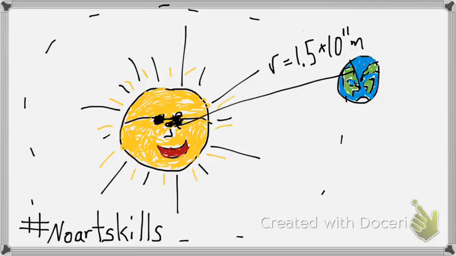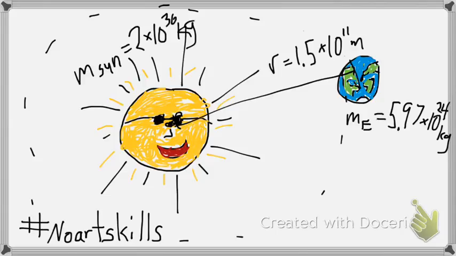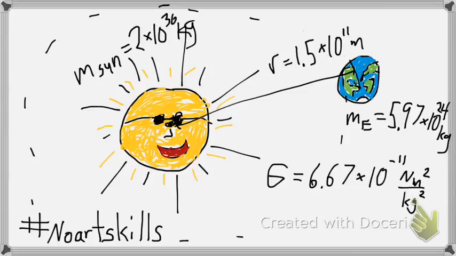I know the mass of the Sun and I know the mass of the Earth. And I also know the value of the universal gravitational constant. So I have all I need to put together the equation for the force of gravity between these two objects. And again, the force of gravity is G times mass 1 times mass 2 divided by r squared.